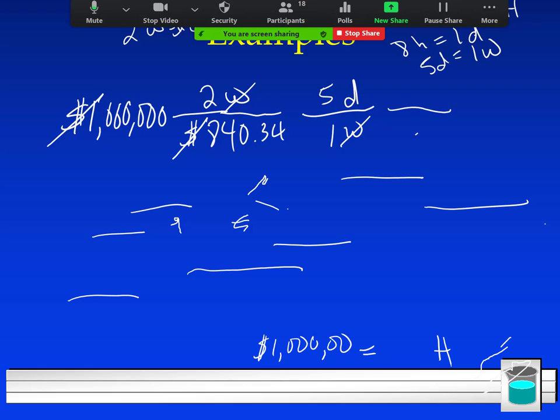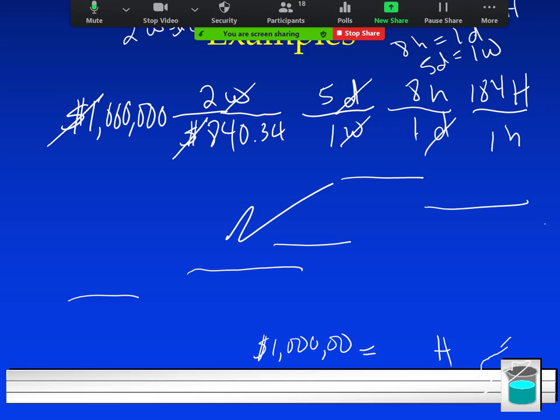Now I'll be able to get rid of days and turn them into hours. 8 hours in 1 day. That gets rid of days. Now I want to get rid of hours and turn that into hamburgers. And 1 hour is 184 hamburgers.